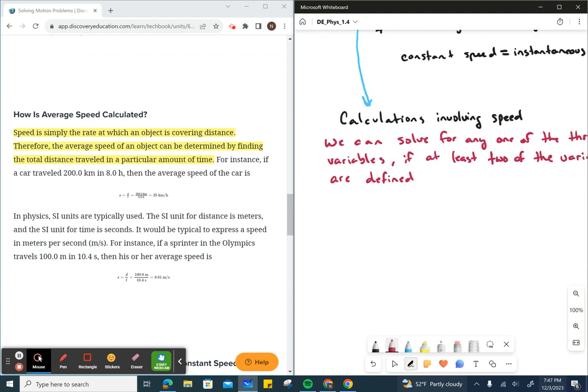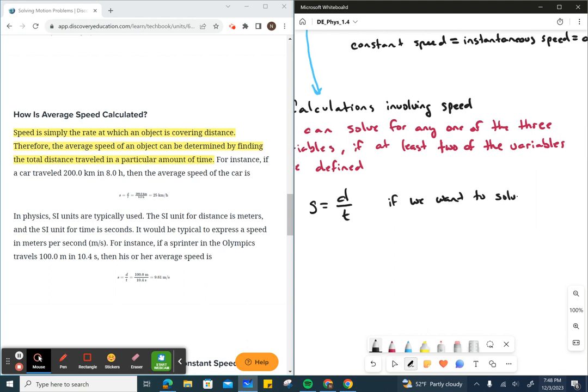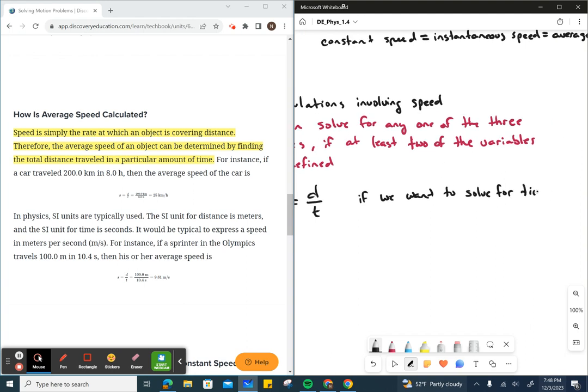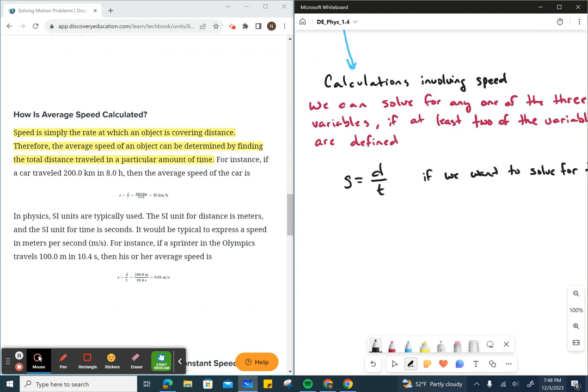So I'll go ahead and show you how we do that, just as a refresher. We could take speed equals distance divided by time. If we want to solve for time, then we would just go ahead and cross cancel.